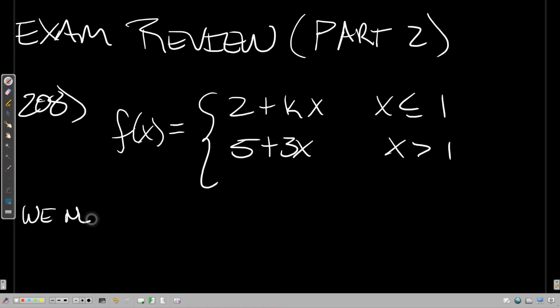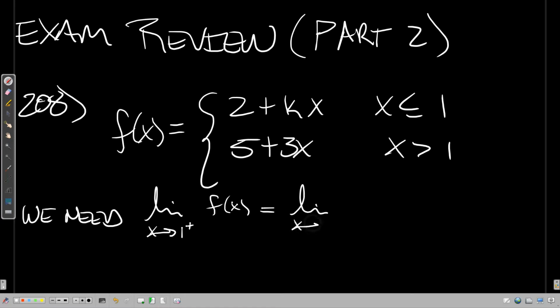So we need the limit as x goes to 1 from the right of this function to equal the limit as x goes to 1 from the left of this function. But that's right where the domain is split up. So instead of me writing f of x, why don't I just put the pieces of this piecewise function right in.